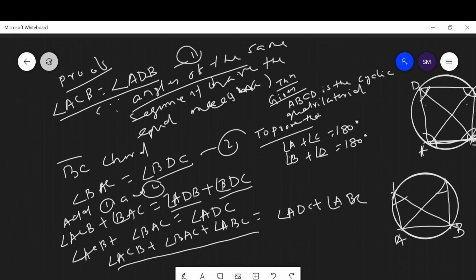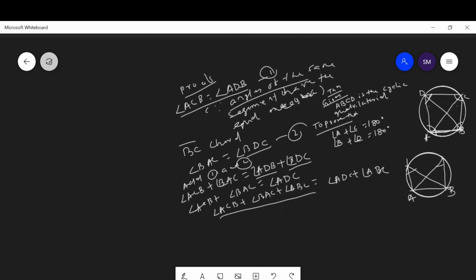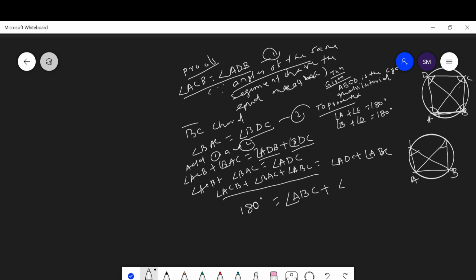Keep this theorem here, then proceed. As you know, the sum of three angles of a triangle is 180 degrees. In this way this is equal to 180 degrees, which is equal to angle ABC plus angle ADC.